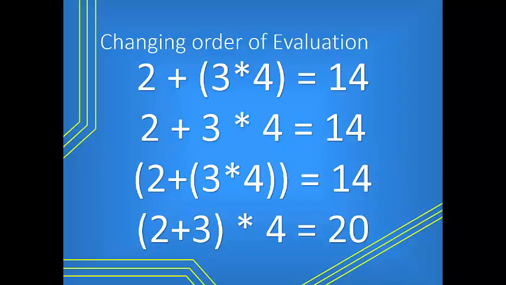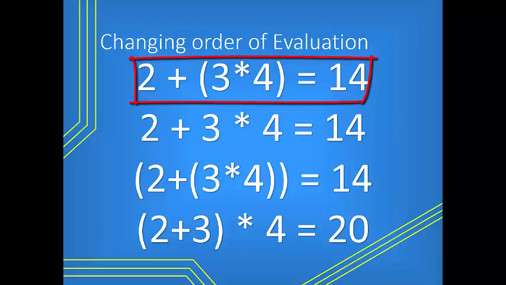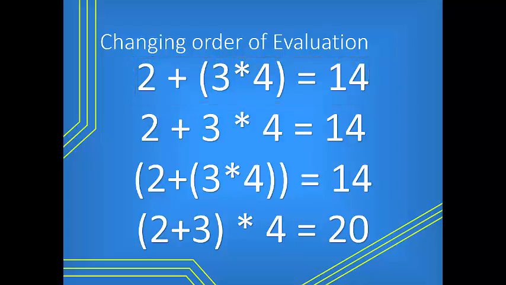Here are some examples of how we can make expressions more readable using parentheses. In this first example, 2 plus 3 times 4 is definitely easier to understand with parentheses. Without parentheses, you're required to know the operator precedence, where multiplication comes before addition.